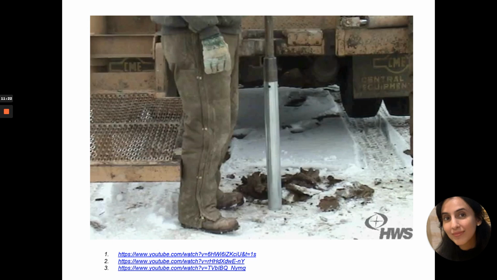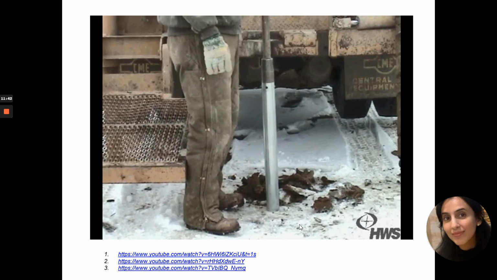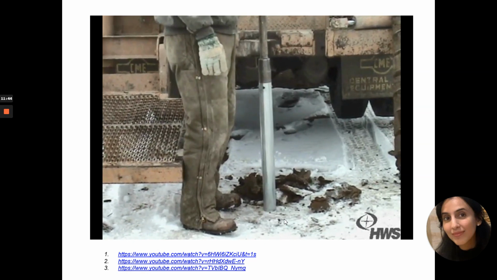Okay, so from the picture here, kalau you nampak, the bottom one yang macam steel tu is the sampler. Okay, and the top one, this is the sampler head, and this is how they're going to do it. We'll see. So they have a point.